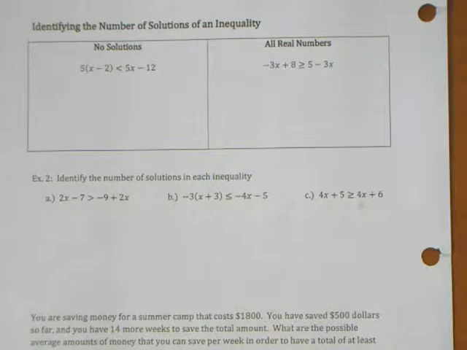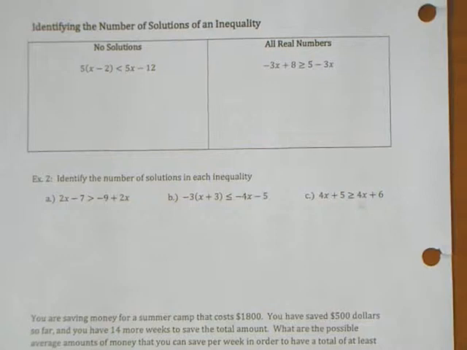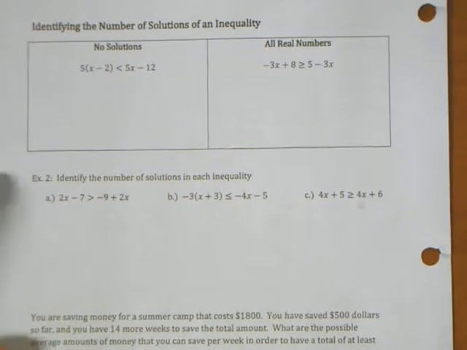What do you think is going to happen to this inequality if we have no solutions? They have 5x on both sides. Okay. But what do you think our end result is going to be? Are we going to get a true statement or an untrue statement? Untrue statement. So, let's solve this thing out.